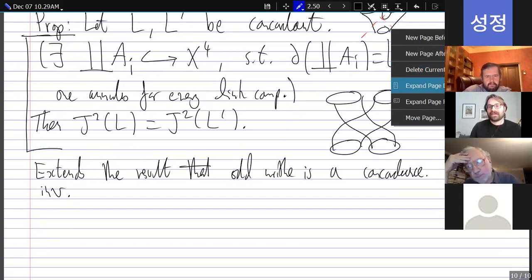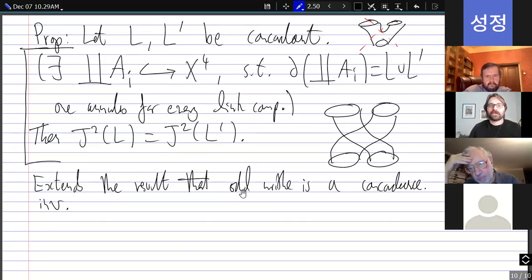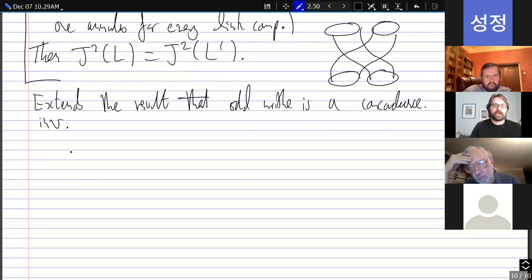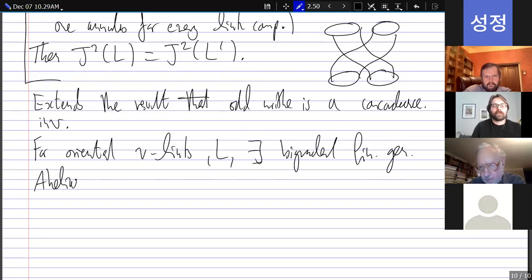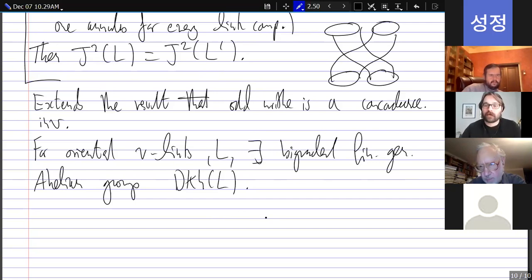It is a shameless self-promotion because maybe you could prove this another way, but I prove it by using a homology theory that I introduced. So, for oriented virtual links L, there exists a bigraded, finitely generated abelian group DKHL, known as the doubled Khovanov homology.